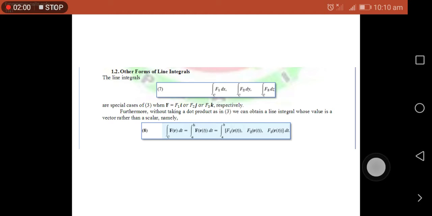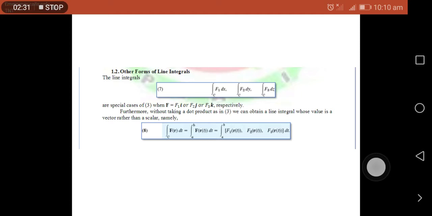So last meeting, we learned that a line integral is performed using equation number 3. Please take a look. Equation number 3 is the application of a dot product of a vector function and our path, or our lines.